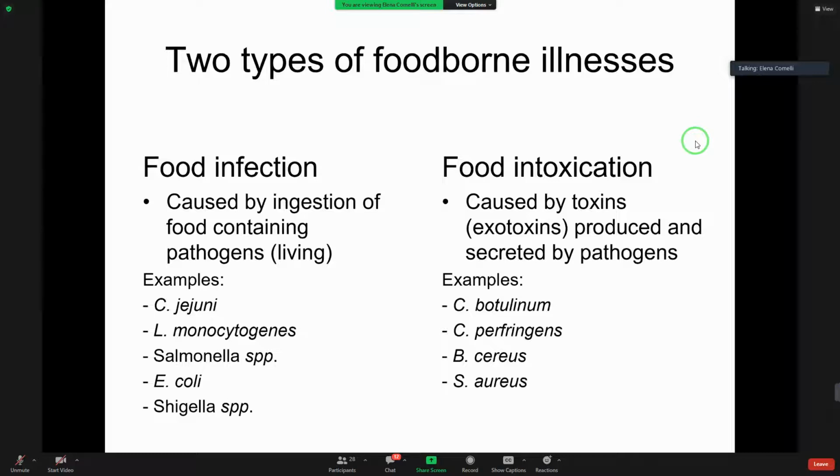These are examples of food infections. Food intoxication, on the other hand, refers to the ingestion of food which contains the toxin that is produced by the pathogen. So the pathogen may not necessarily be there anymore as a live pathogen, but the toxin is present and would cause the illness.